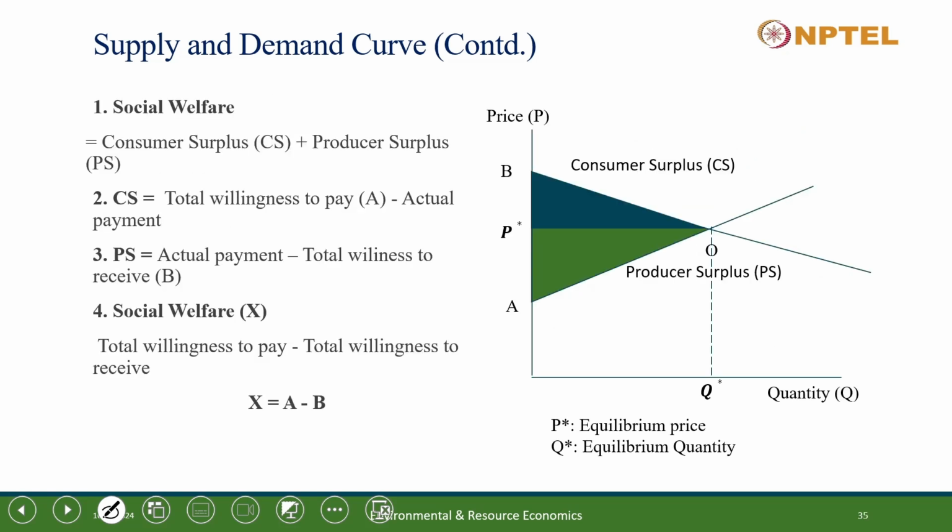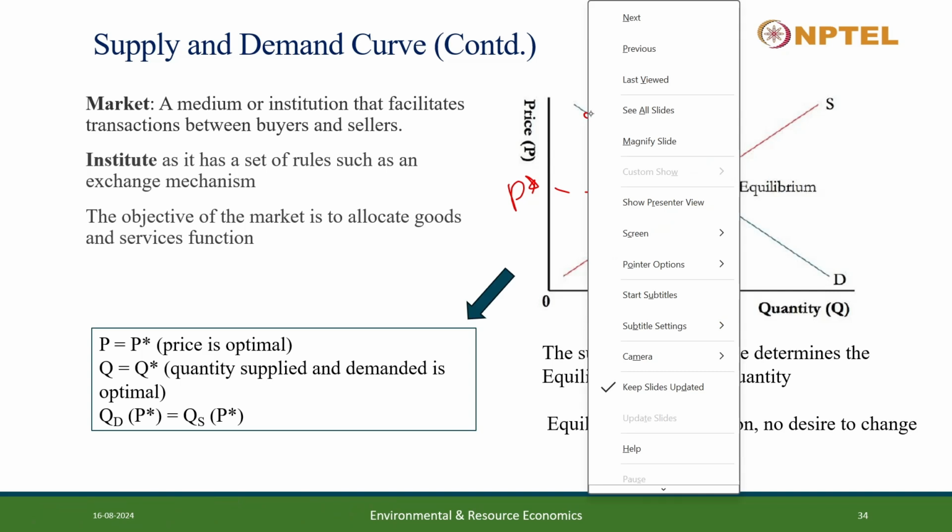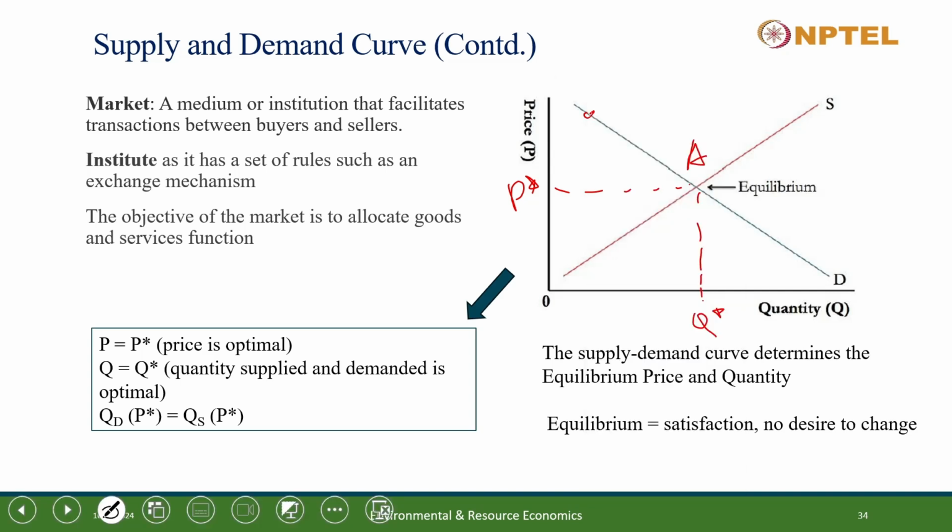Okay. Now, what is consumer surplus? What is producer surplus? Okay. Now, I'm again going here. Let's say at this point, for quantity Q1, I am willing to pay P1.